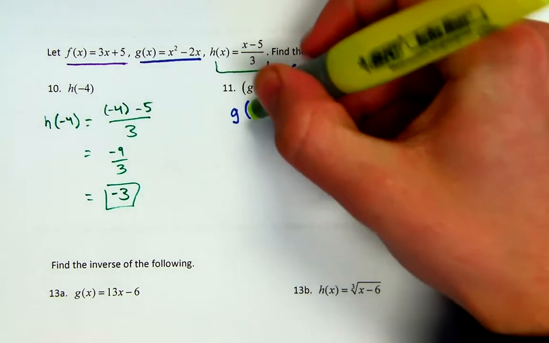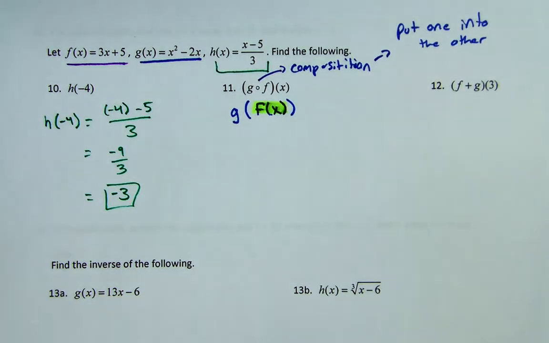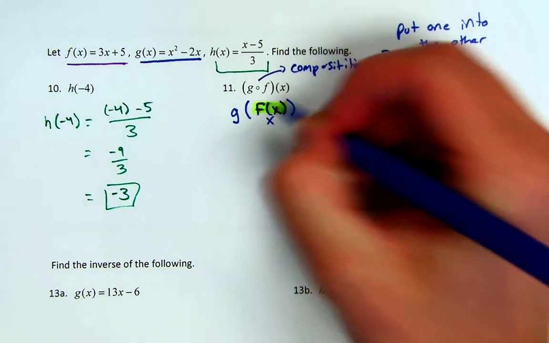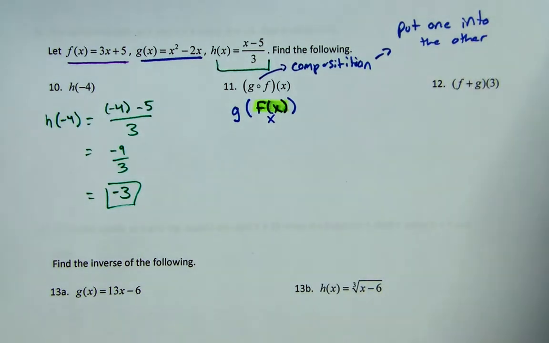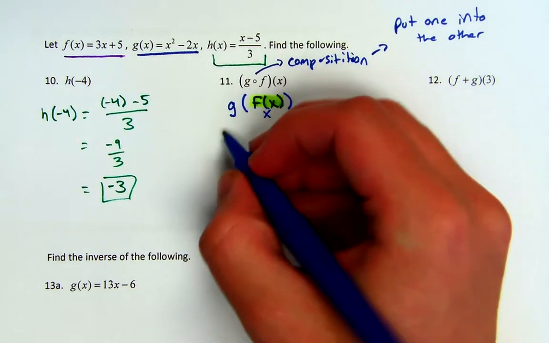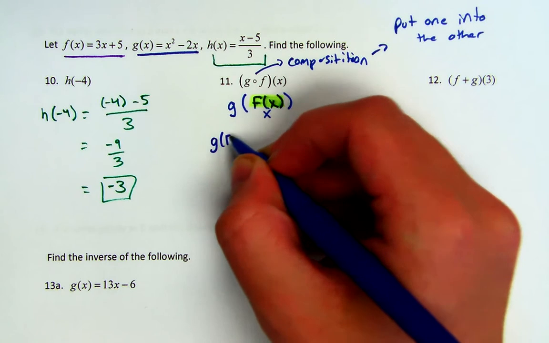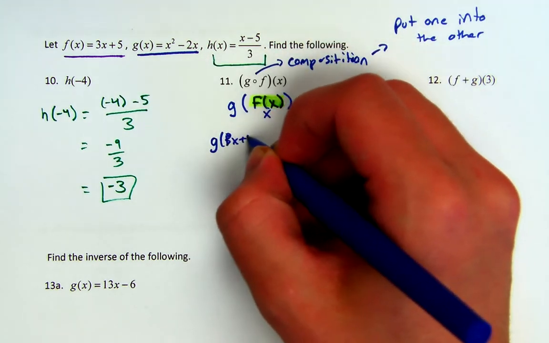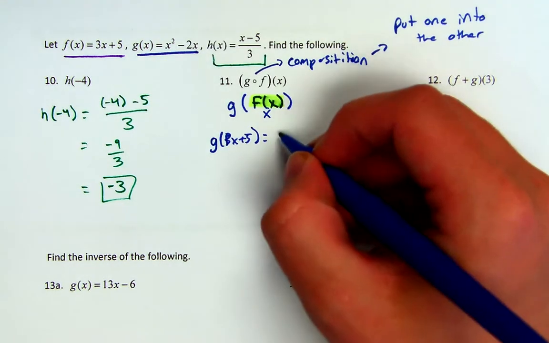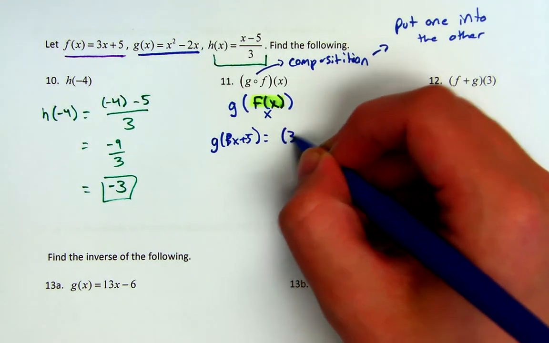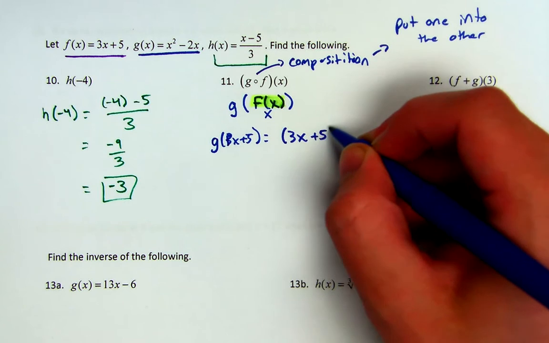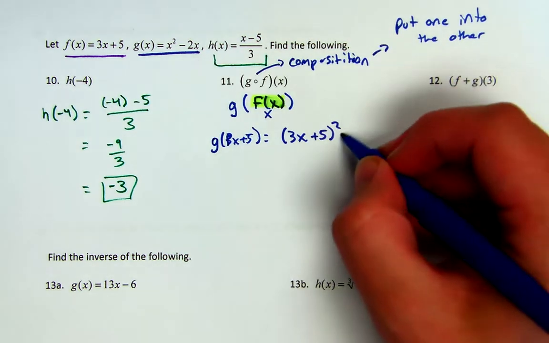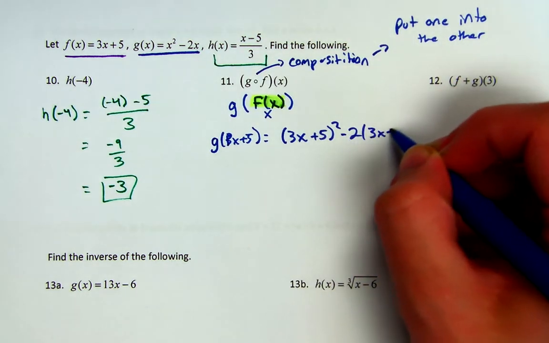So f is going to replace x in g of x. So I'm going to take the function g of x, so I need g of f of x, which is 3x plus 5, and put it into g. So I need (3x plus 5) squared minus 2 times (3x plus 5).